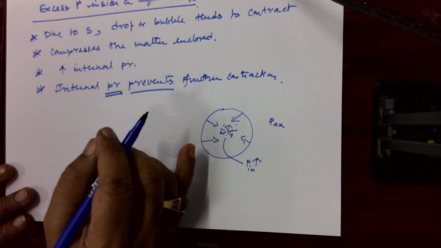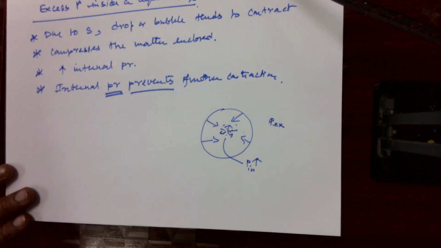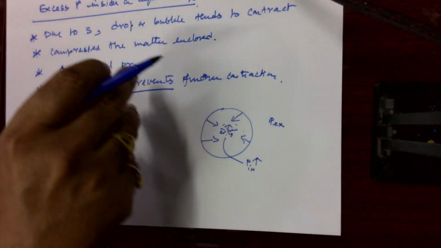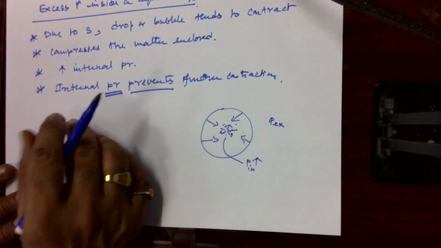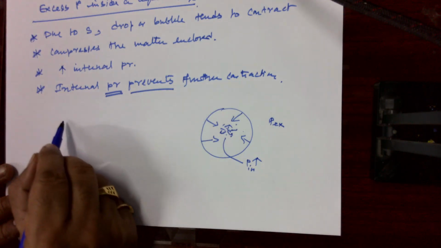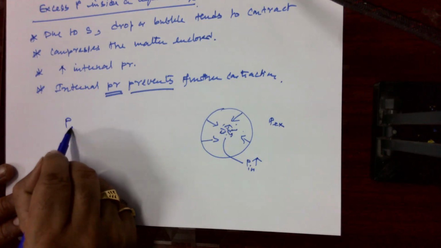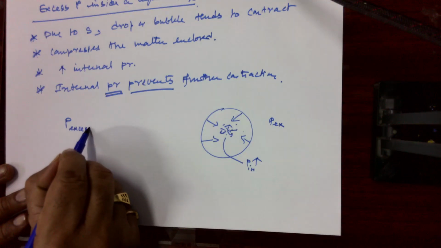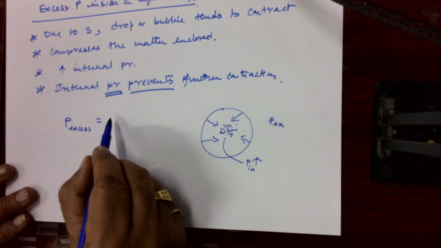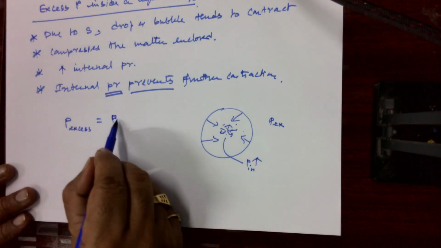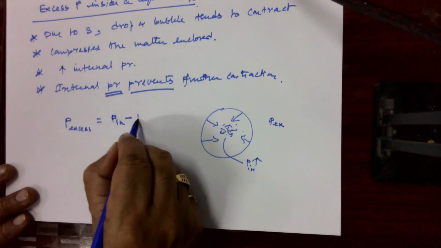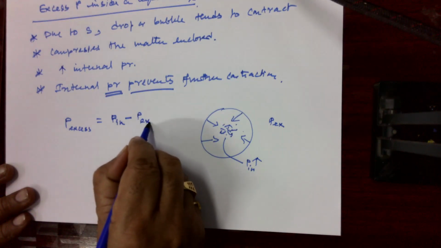Do you understand? The difference of pressure between these two sides of the liquid surface can be called the excess pressure, not external pressure, excess pressure. So what is this excess pressure? Take down: excess pressure is equal to the difference between the internal pressure P_in minus P_external, because P_in is greater than P_external.